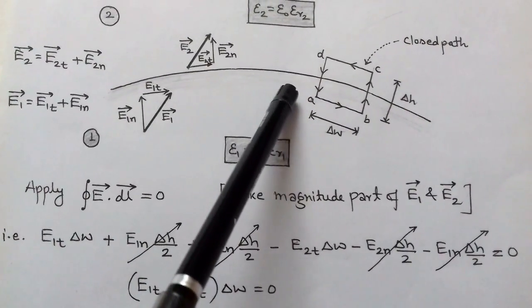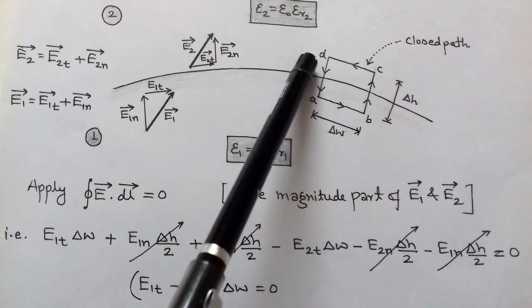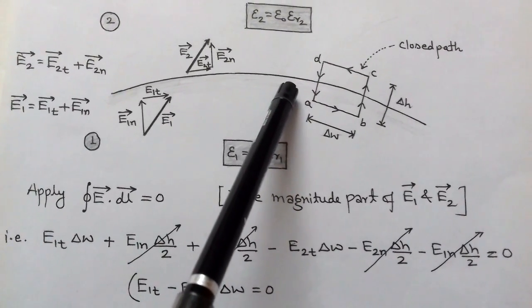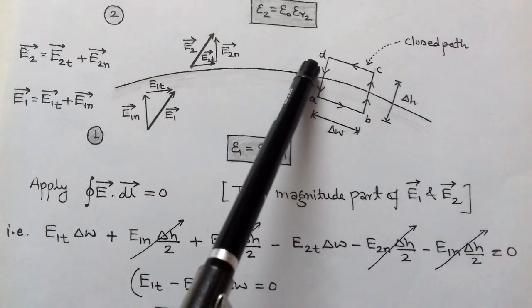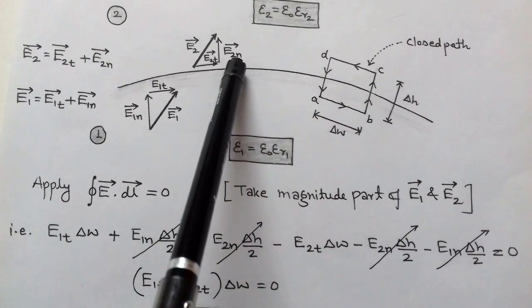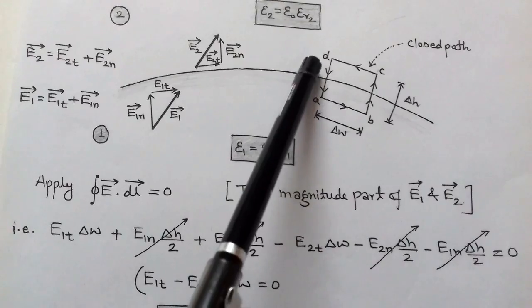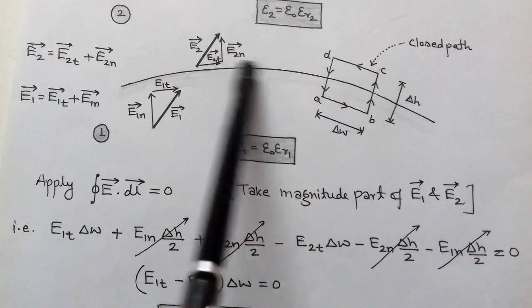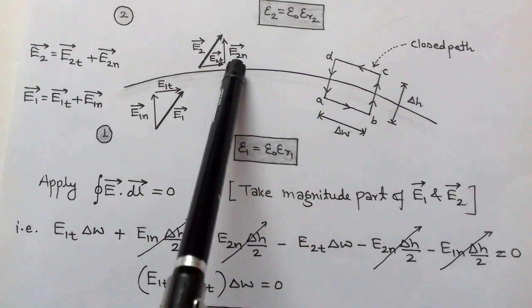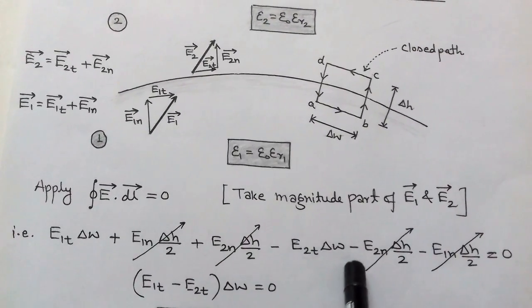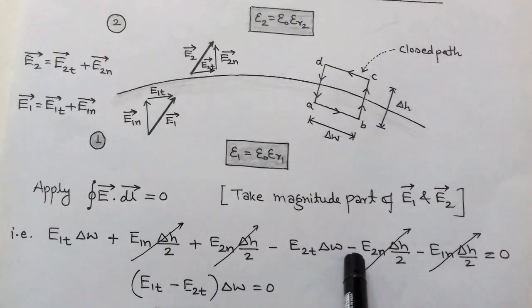Now again, while moving from D to A, we move half in region 2 plus half in region 1. So again we use delta H by 2. But here we see from the figure that this direction is again normal but in the opposite direction. So again we take a minus term here.